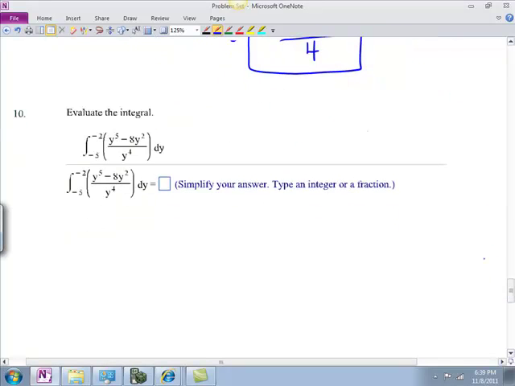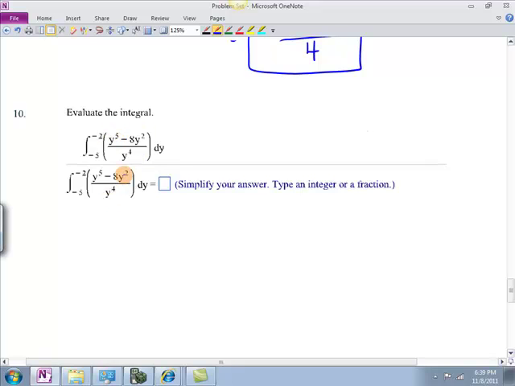Okay, number 10. Let's think about strategies for this one. That looks ugly the way it is. What could I do to make it better? Take out y's. Like, what exactly do we mean by that? You might be on the right track. Can we divide it? Okay, we can break it apart.